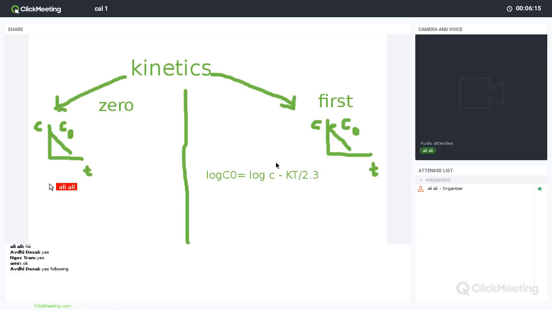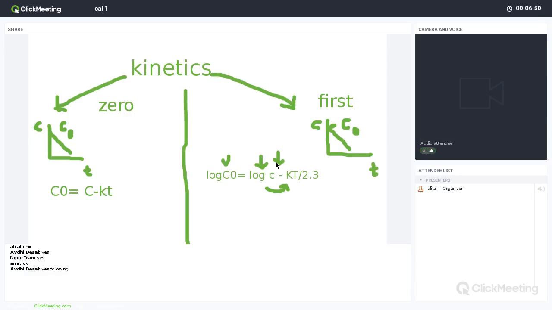However, for zero order, we have C equal to C0 minus KT. This is the equation of both of them. Here, as I told you, C0 is the initial drug concentration. Here, C is the concentration at a given time, and K represents the rate of the elimination reaction.